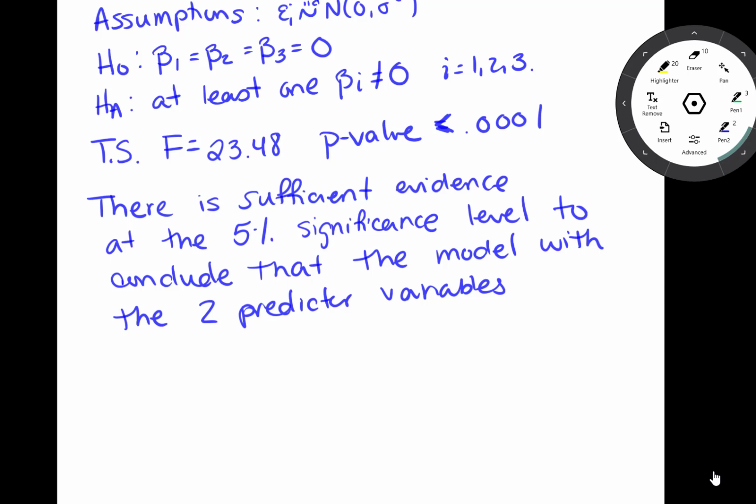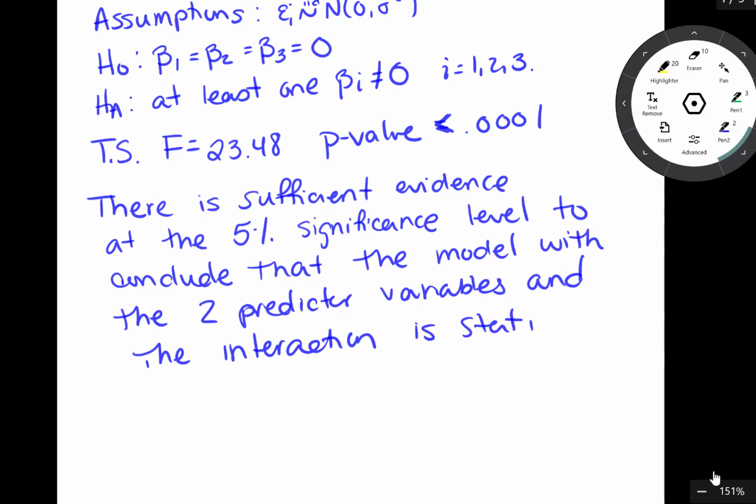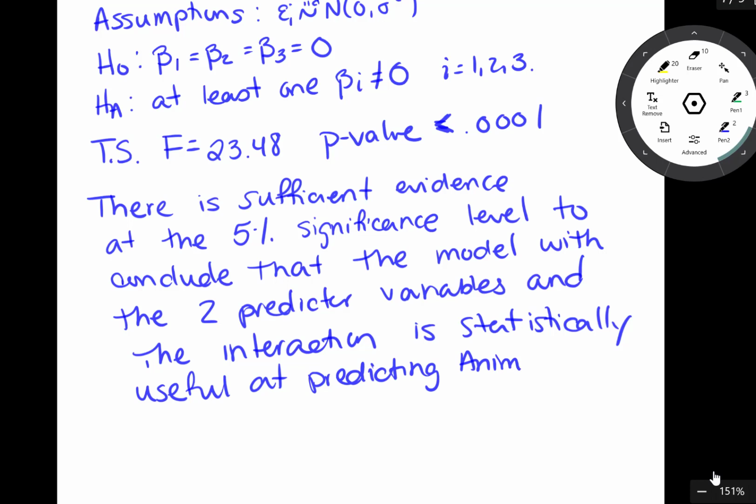We're looking at the percentage of those in the median market with at least a bachelor's degree and the percentage of those that are at least 65 years old, and the interaction is statistically useful at predicting animus value.